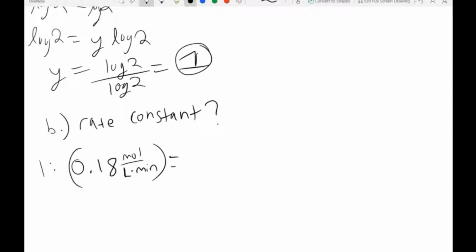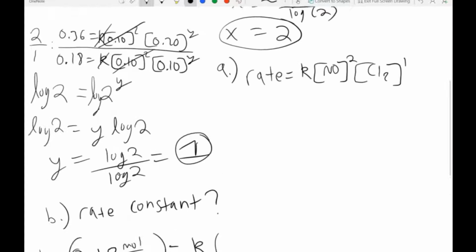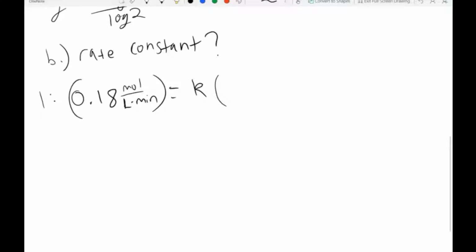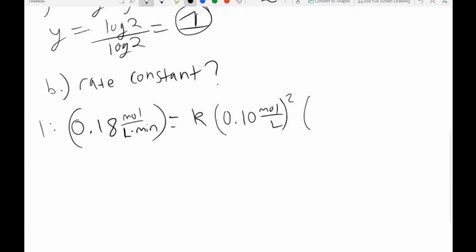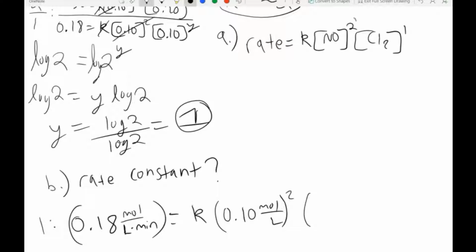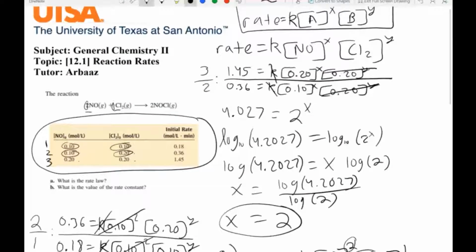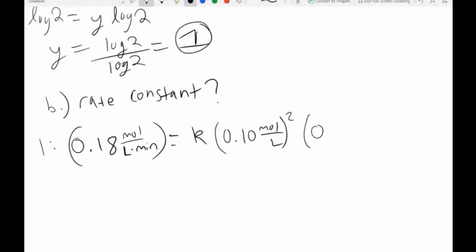So the rate equals the k constant times the concentration of NO, which is 0.10 moles over liters, raised to the second power, and that comes from our rate law there, multiplied by 0.10 moles over liters, Cl2's concentration raised to the first power.